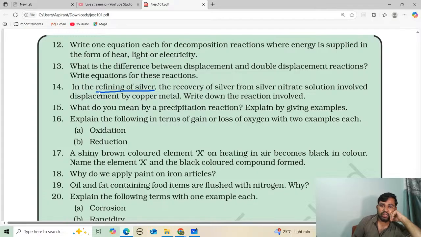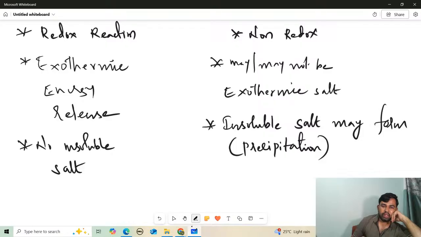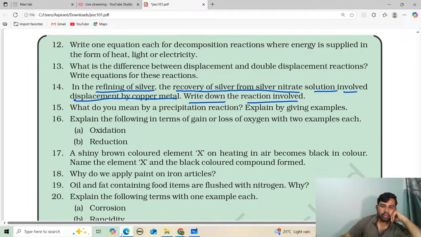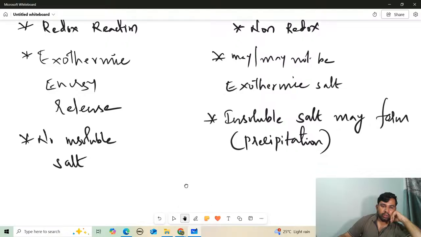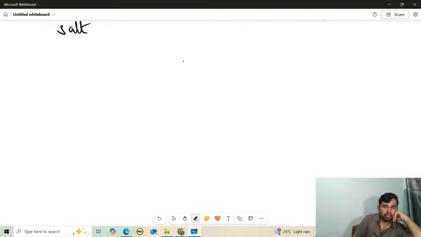The recovery of silver from silver nitrate solution involves displacement by copper metal. Write down the reactions involved. So this is question number 14, right?